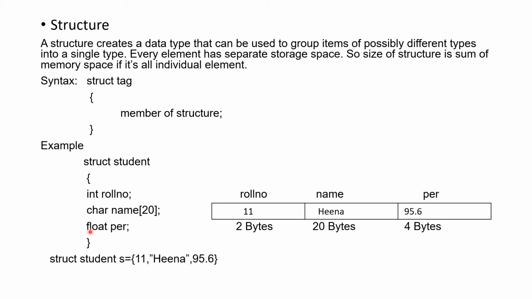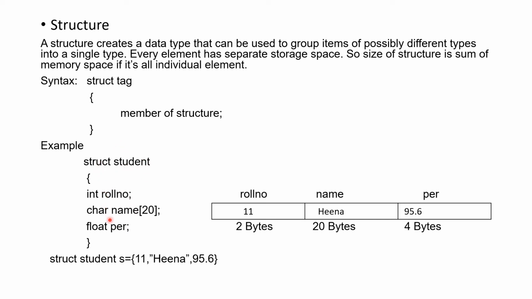After that I took another variable to store the percentage. Percentage can be a decimal number, so I declare the percentage as a float data type. So these are the members of my structure. I can store the information of a student, which is roll number, name, and percentage, under the single name student. This is possible using the structure.